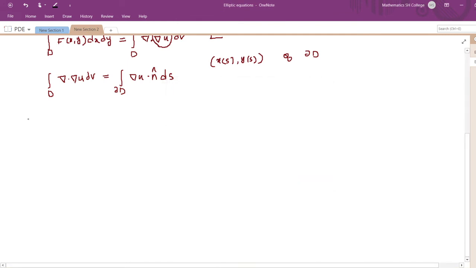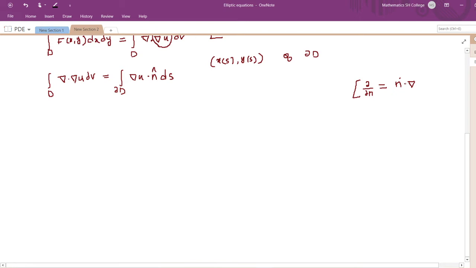So what we are getting is, now, del u dot n. This is, by the directional derivative formula, the same as dou u by dou n. Hope you remember that dou by dou n is nothing but n cap dot del.